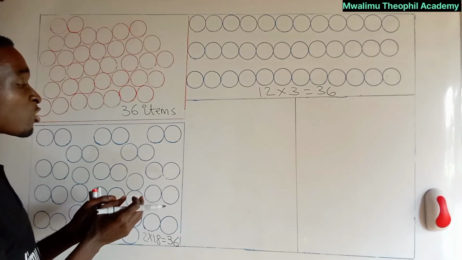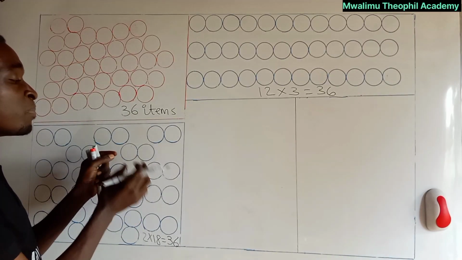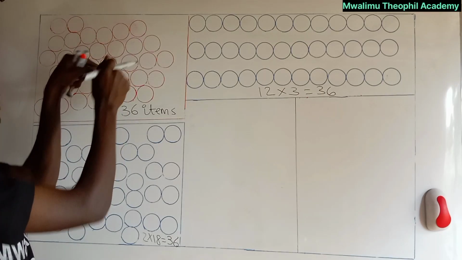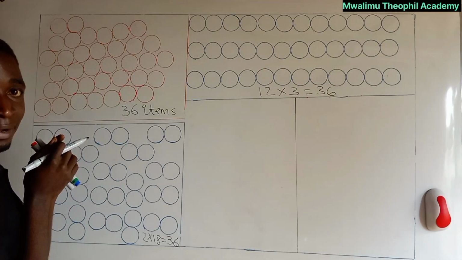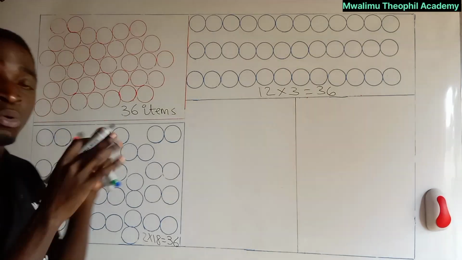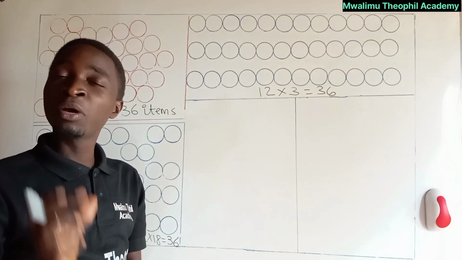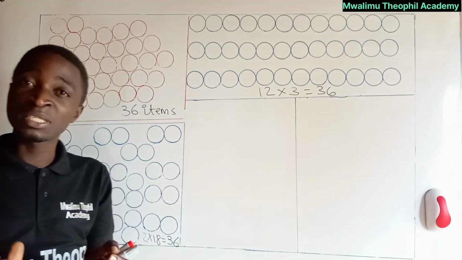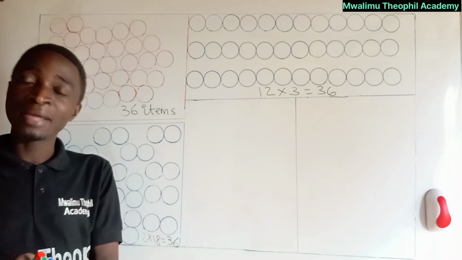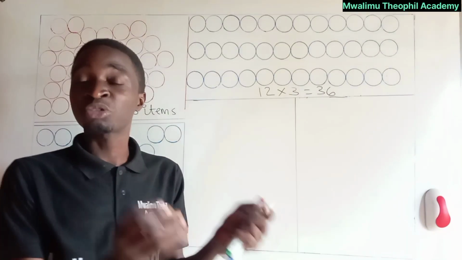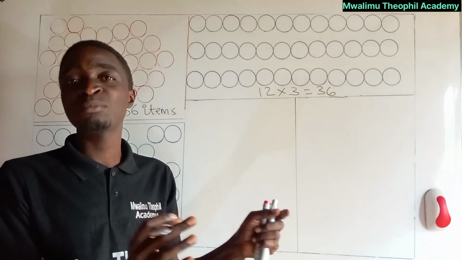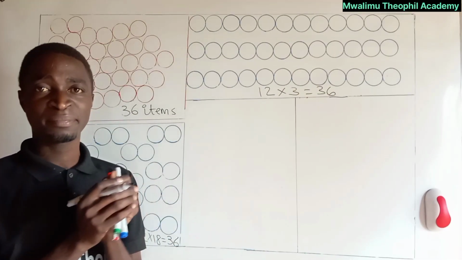But also this was simpler than in the first part, whereby the items are arranged in a random way. Now, what do you notice? We notice that when we arrange the items in groups of equal number, it becomes easier to know the total number of items than when the items are arranged in a random manner.